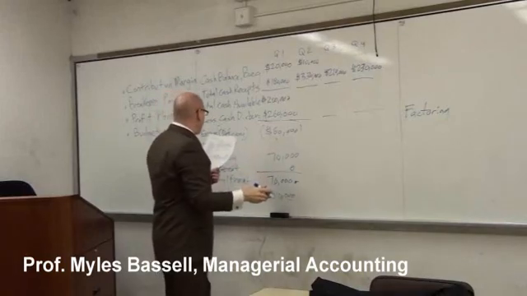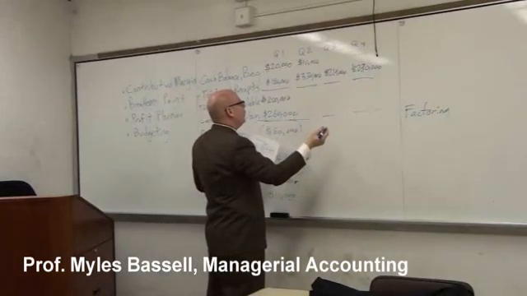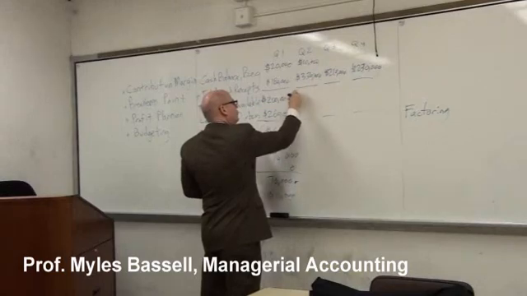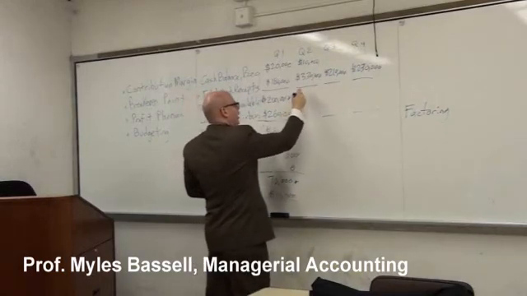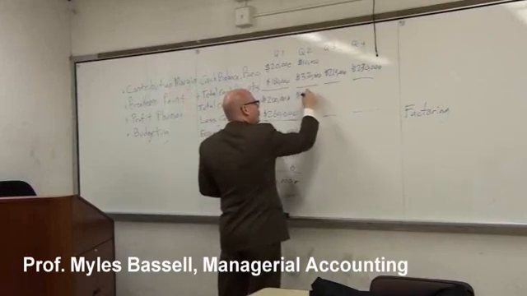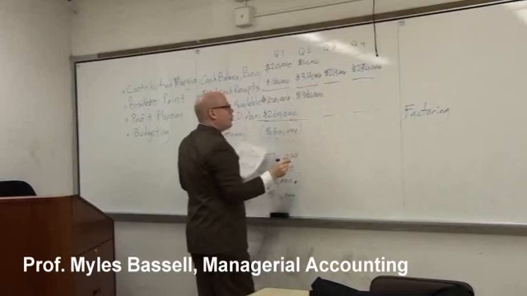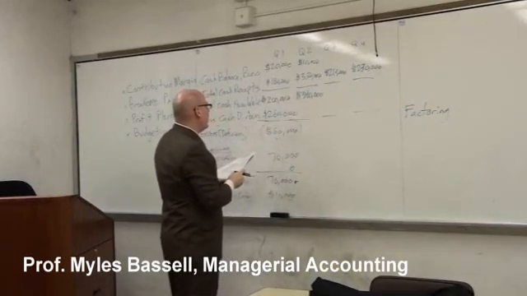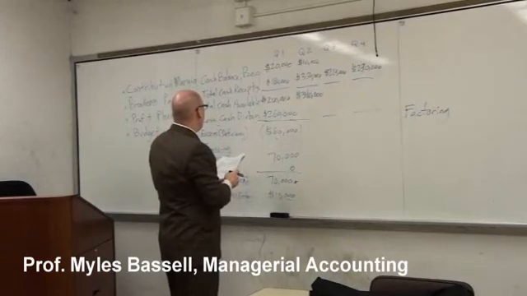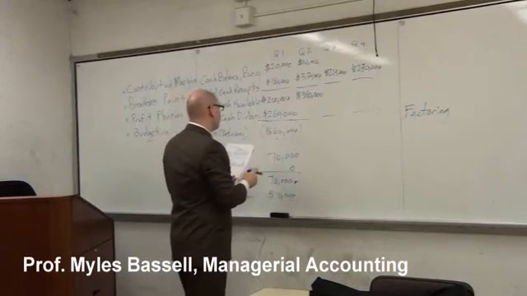And if that's the case, then how much cash do we have available? 340,000. Right, 340,000. We started the quarter with $10,000 cash. We had cash receipts of 330,000. So now we have $340,000 in cash.